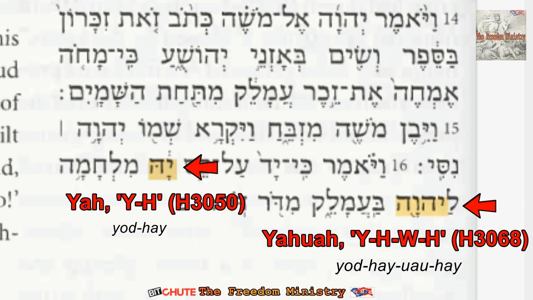Which is used 6,800 plus times in the Hebrew Tanakh. But the shortened form, Yah, is used by our Father in His scriptures, His divine inspired writ, His word. It uses Yah, or yod-hay, the shortened form Yah, 48 times. It's there 48 times, and it's right here in this verse.